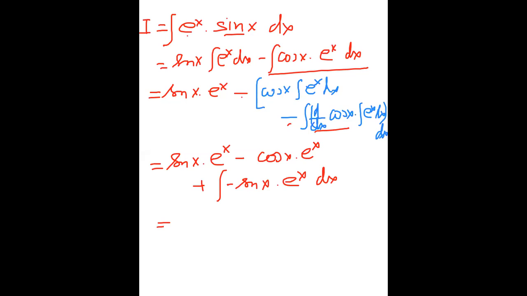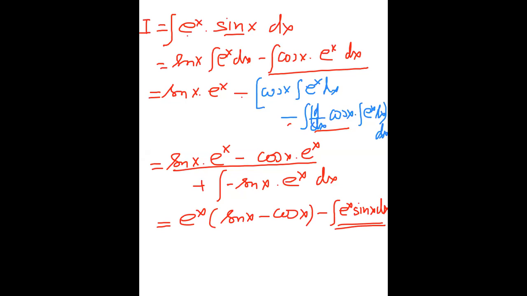One more step I'm writing, then we'll see. In these two terms e to power x is common, so it is sin x minus cos x, minus integral e to power x, I'm writing first, into sin x dx. Just try to see, this only was the question.